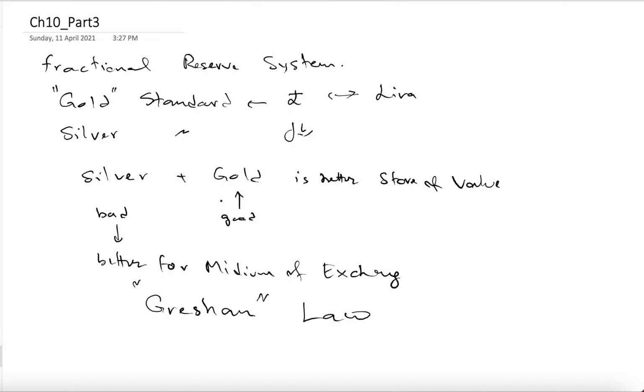So people prefer to hold gold as the store of value and silver as the medium of exchange, and if you have bronze, in a three-metal system, this quickly becomes the medium of exchange, while gold is the best candidate for store of value.